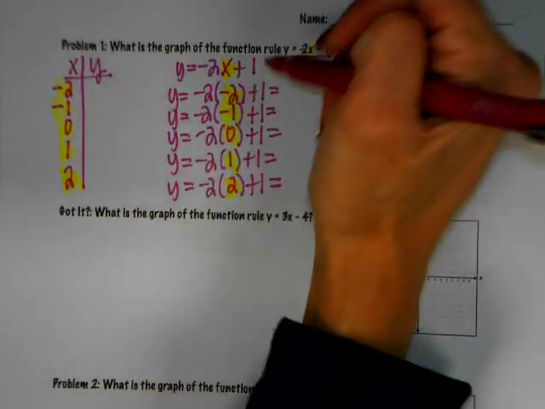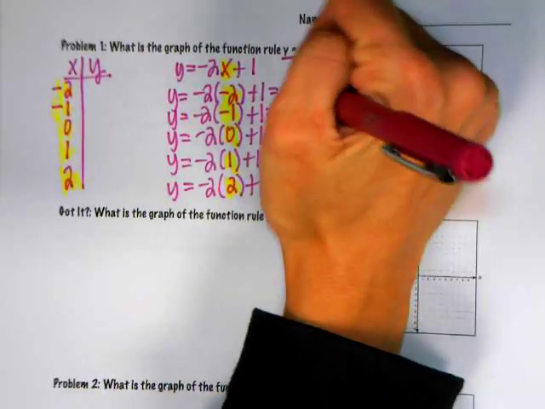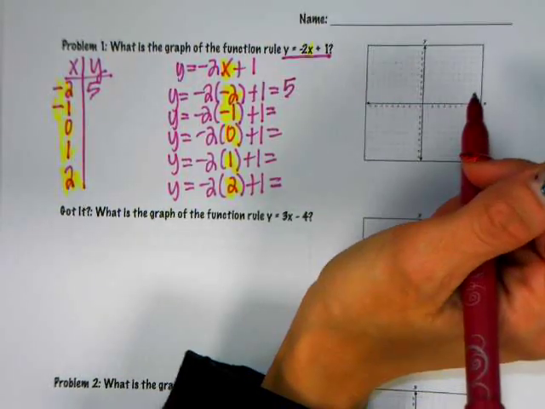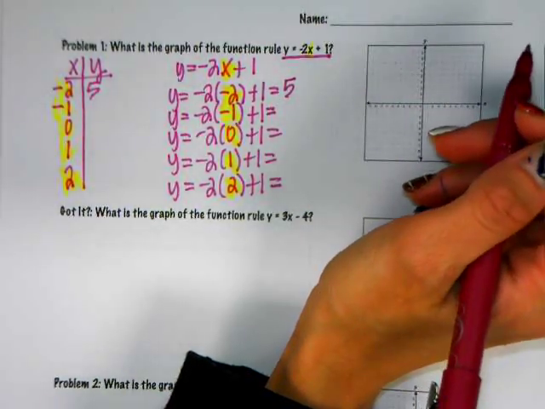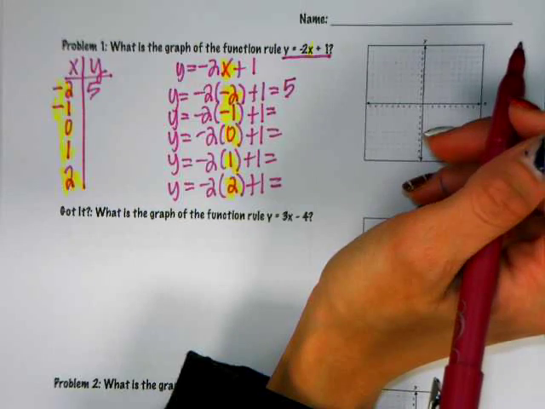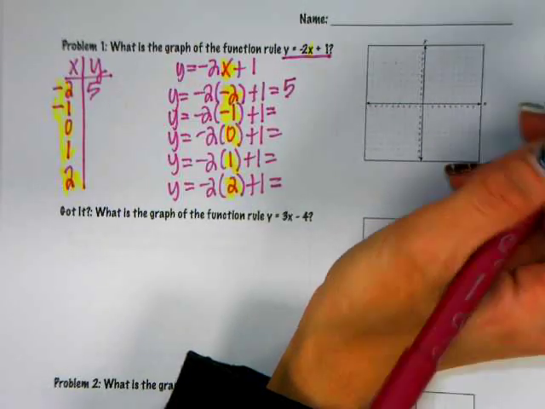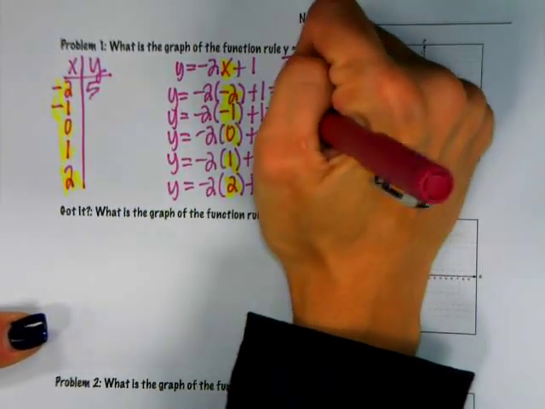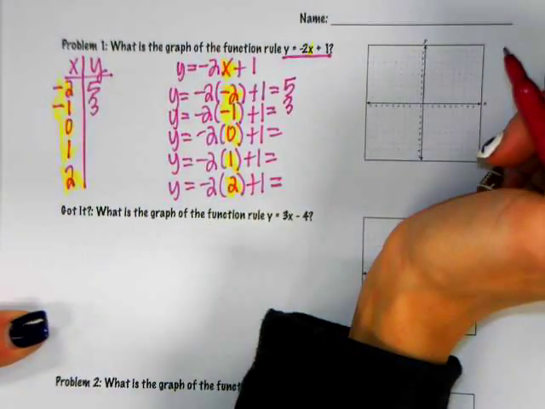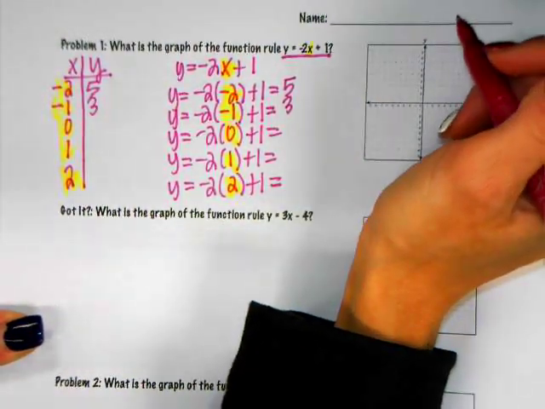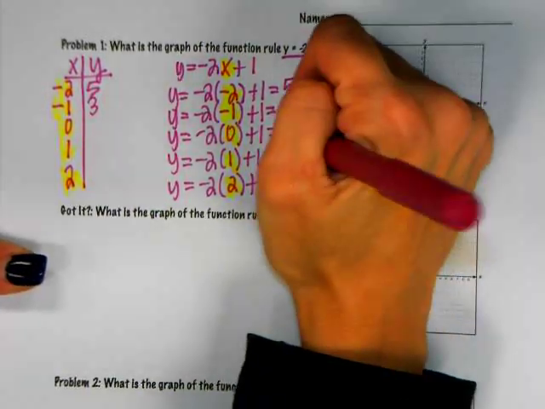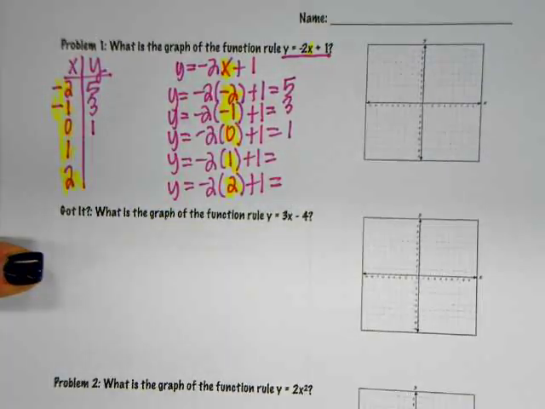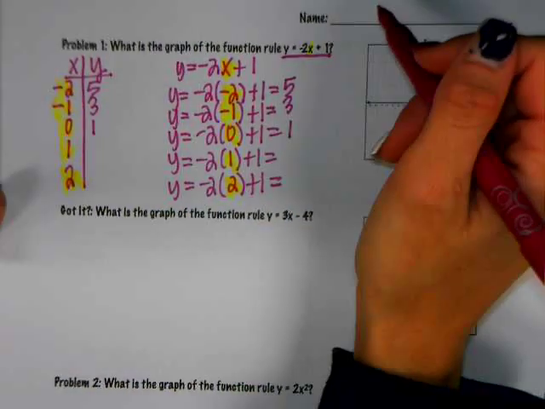So what do we get when we plug in -2? 5, yep. Now what about -1? 3. 0. 1.